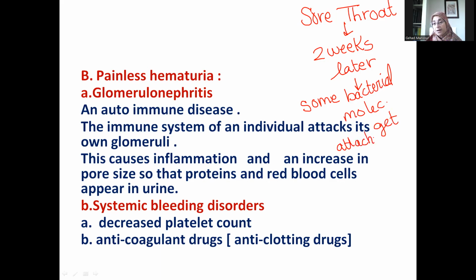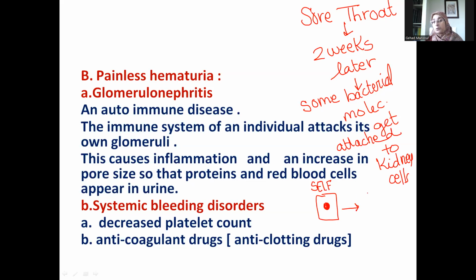This is if I ask you about the pathogenesis. They get attached to your own kidney cells. So suppose this is one of the kidney cells, and the immune system used to identify it as self.